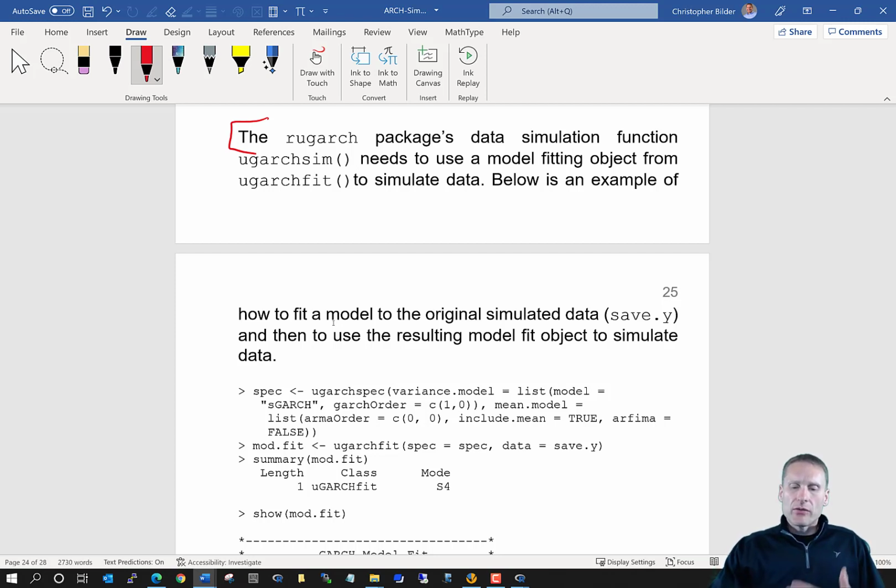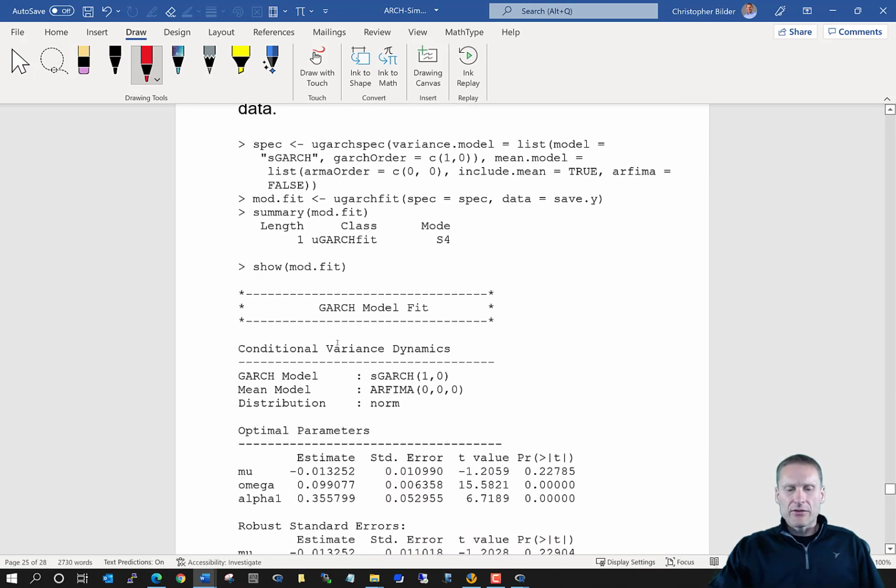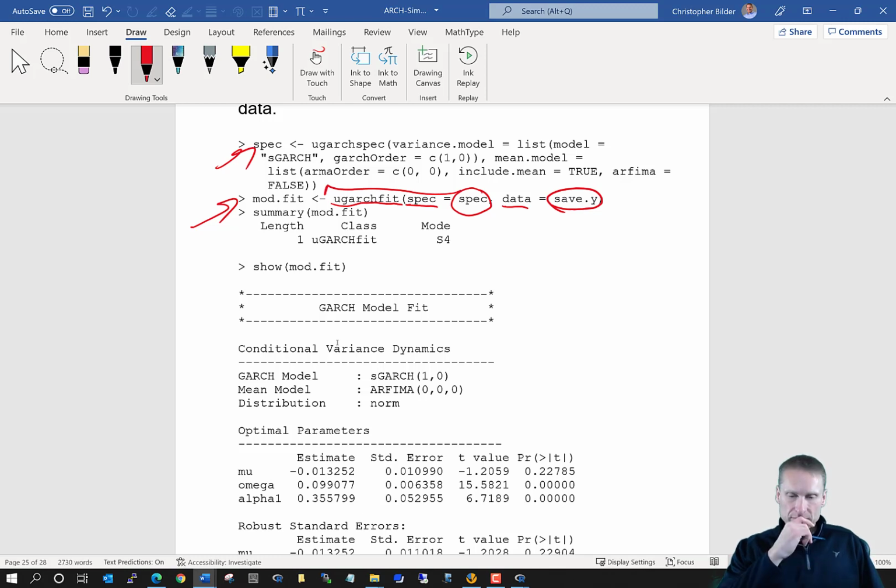So to work with this package, I wanted to estimate a model to my original data that actually was generated from my for loop. So to estimate our model of interest, I put garchFit. I specify my data, and then also I have specifications corresponding to the model, which I had created right up here.